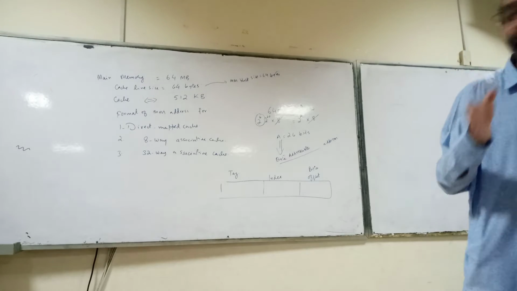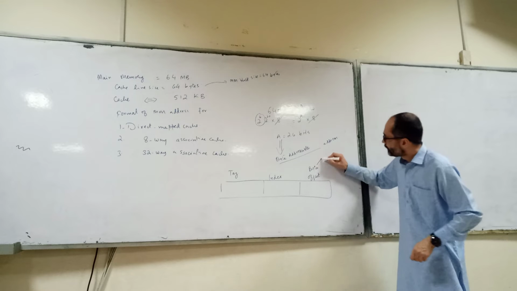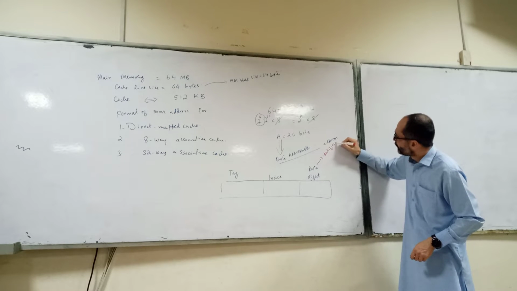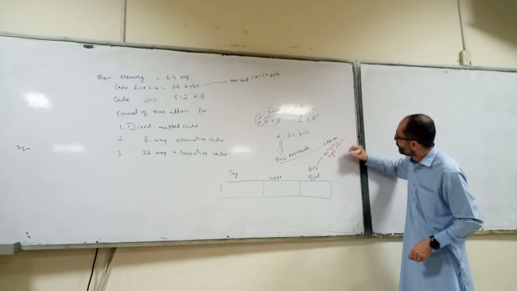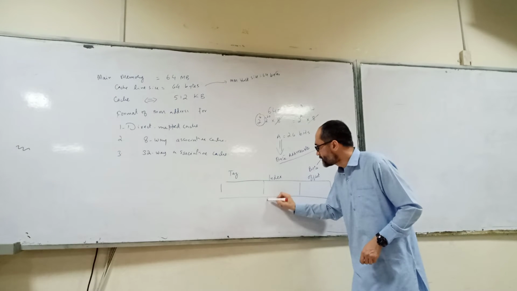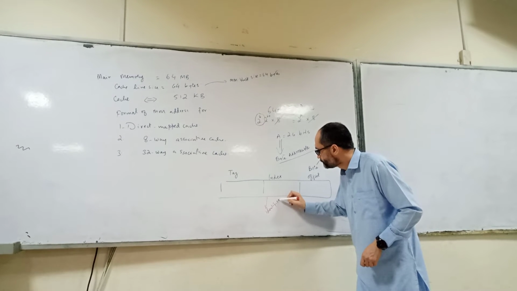So now these are the 3 fields. This one identifies what? A byte within a block. And what does this field identify?